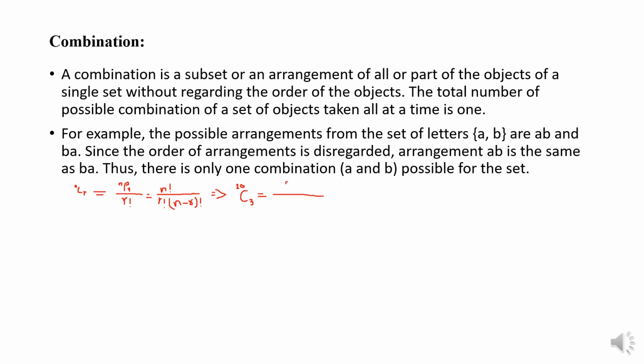According to the formula, 20 factorial, or we can say n factorial, n is 20, so 20 factorial divided by r factorial. What is r? r is 3, 3 factorial, and 20 minus 3, because 20 is n and n minus r, so r is 3, so 20 minus 3 whole factorial.